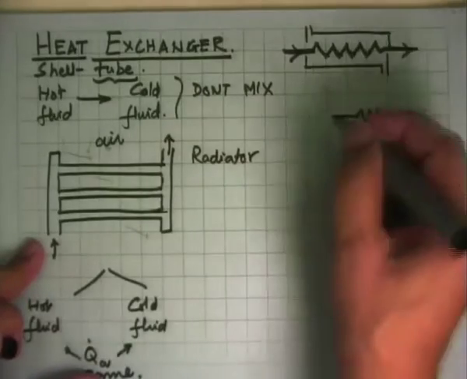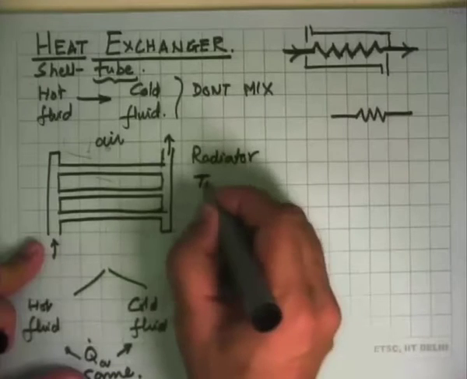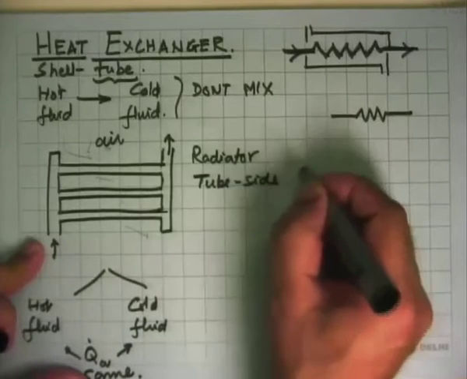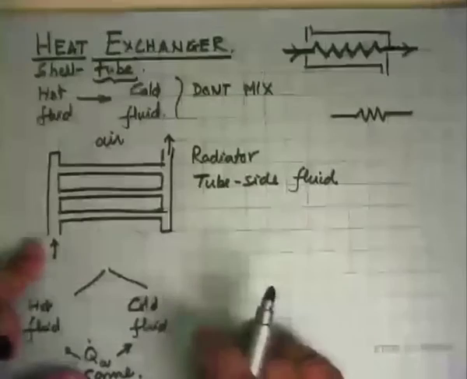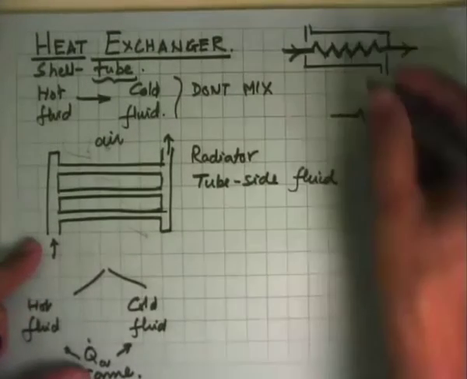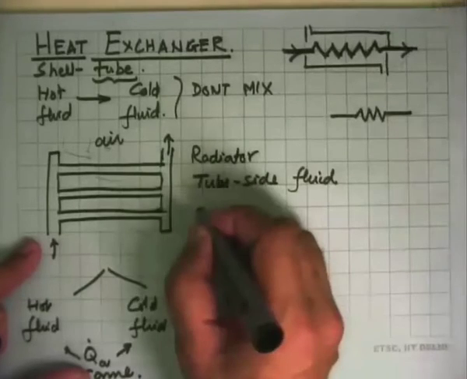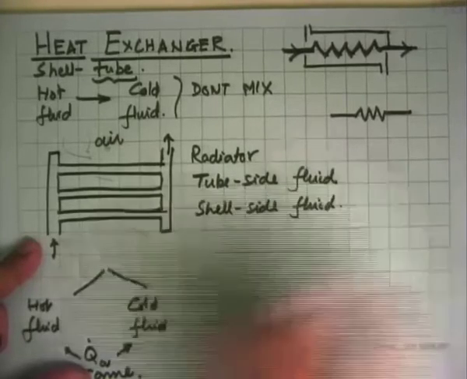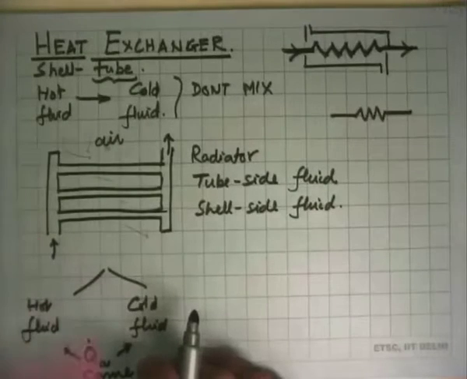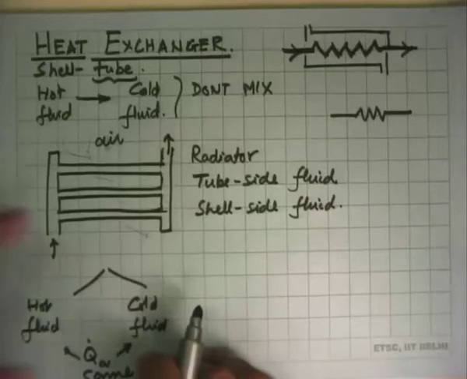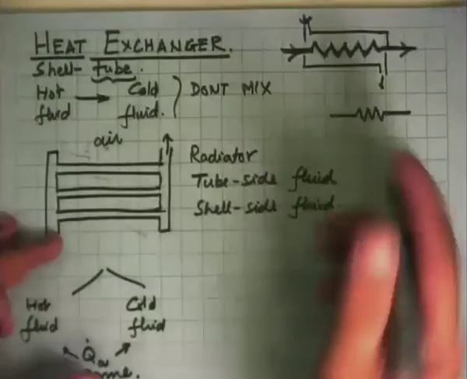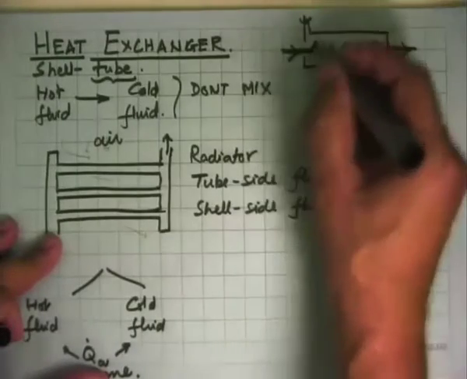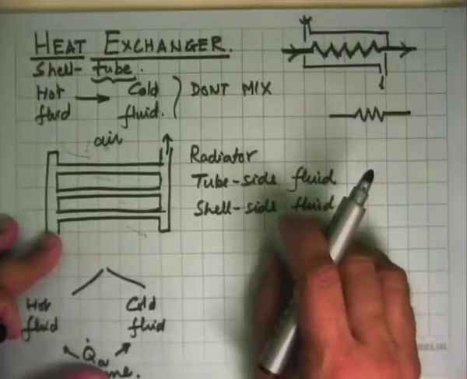The fluid which goes in the tubes is called the tube side fluid. It could be either the cold fluid or the hot fluid, that depends on the design. And the fluid which flows over it is generally known as the shell side fluid. The radiator does not have a shell, and what the shell means is that you have enclosed the other fluid also in a device, say a tank or a big enclosure.